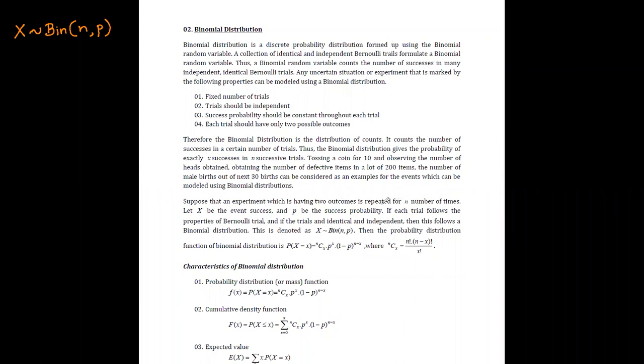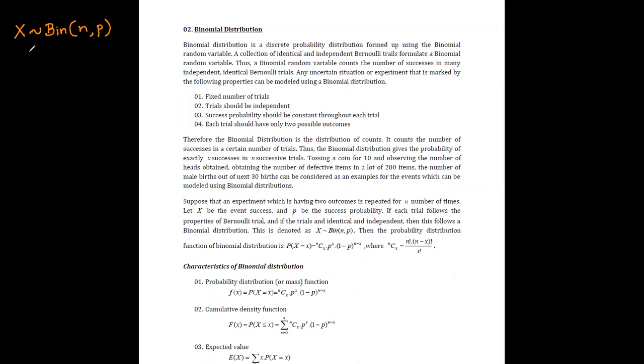Each trial is a Bernoulli trial, and the collection of Bernoulli trials makes the binomial variable. Therefore, this can be denoted as X follows a binomial distribution with n trials and success probability p. If it is a distribution, then it can have a distribution function as well.